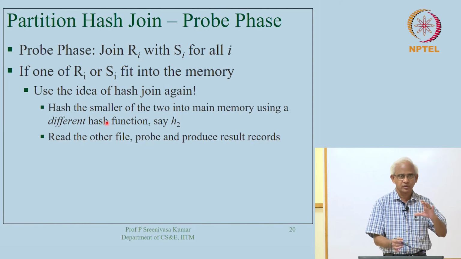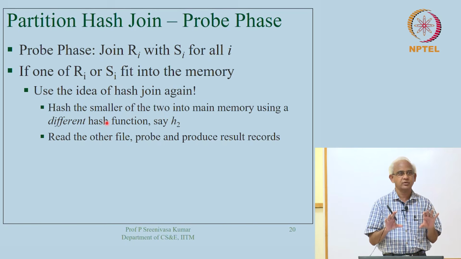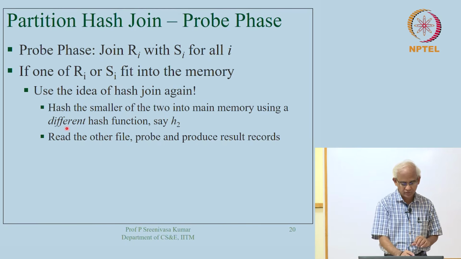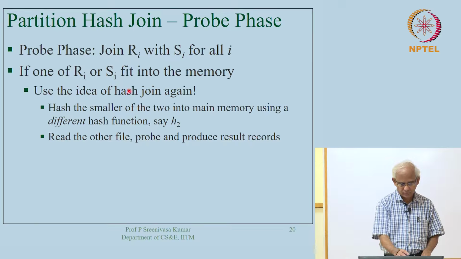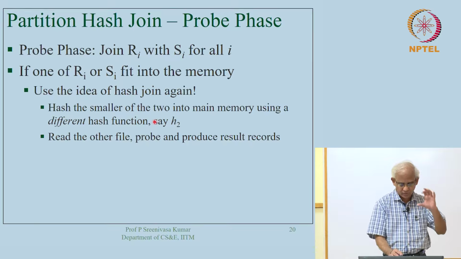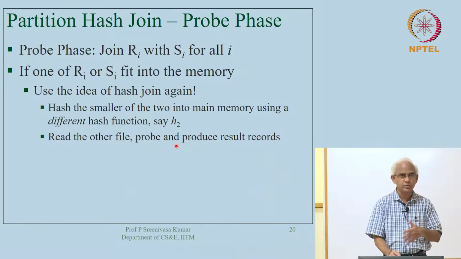So use a different hash function, say H2, distribute the records of the smaller file into buckets, and then read the other file, probe and produce the results, just like we did for hash join.